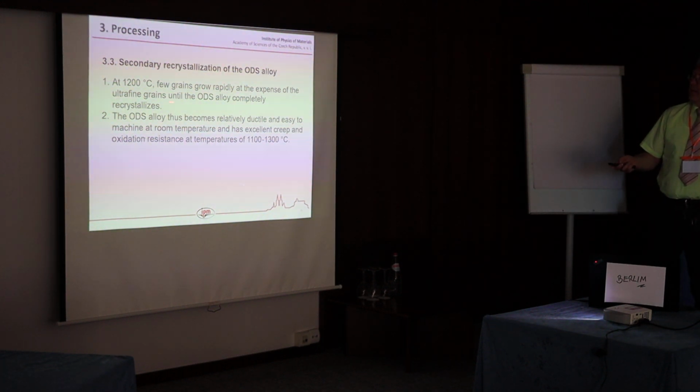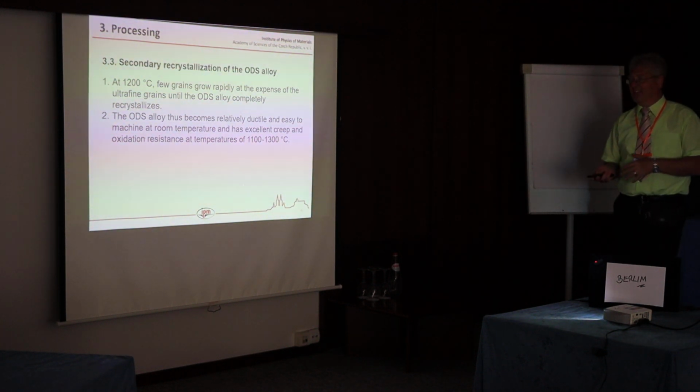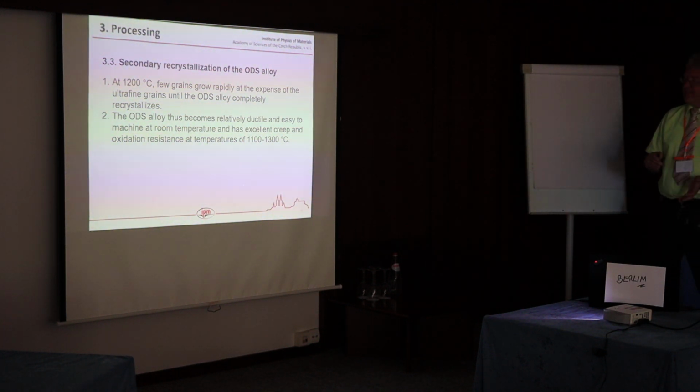So we anneal it at 1200 degrees. Several grains grow rapidly at the expense of the ultrafine grains, and the ODS completely or sometimes partially recrystallizes. I will show you some results. Where is the partial recrystallization?